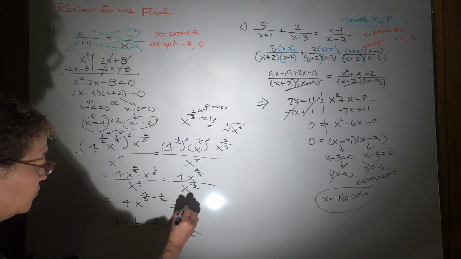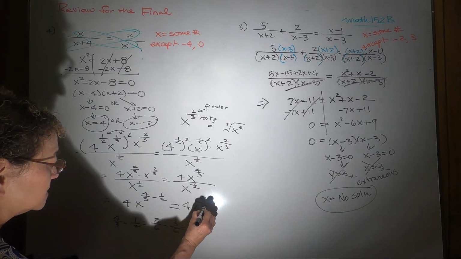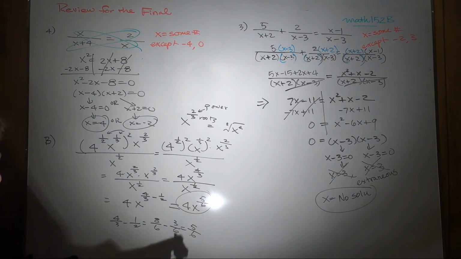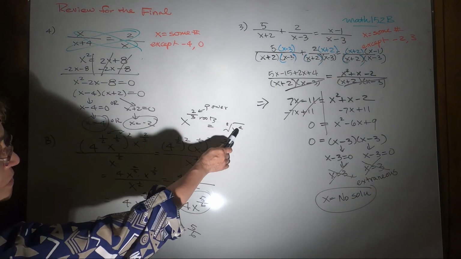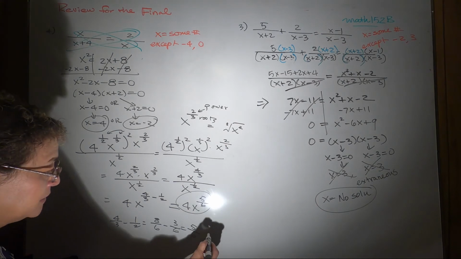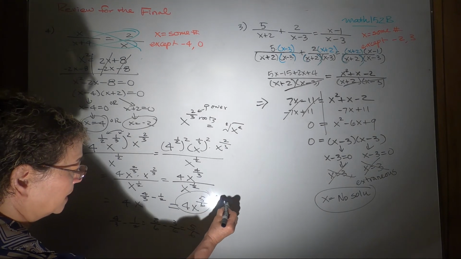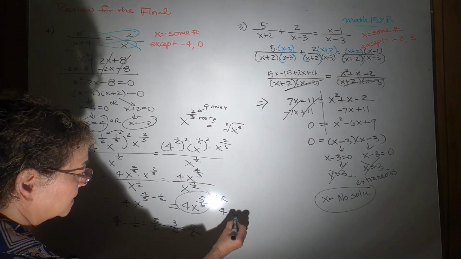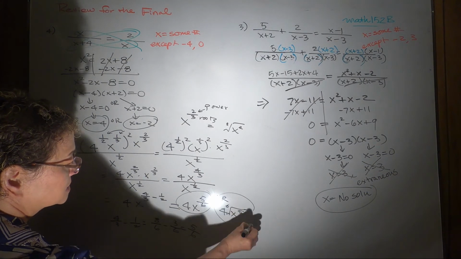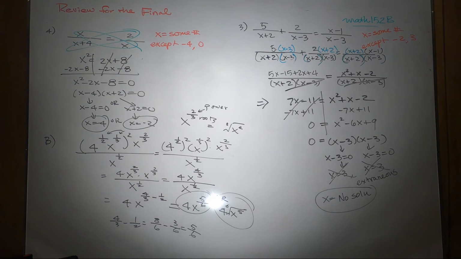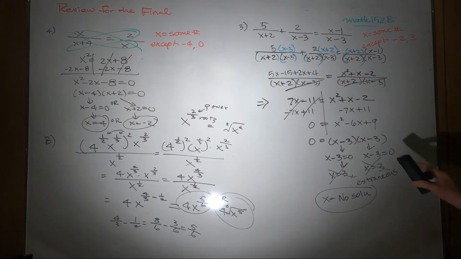So that would be 4x to the 5/6. So you can just leave the answer in the power form. If you change to crazy number form, radical form, you will write what? 4, that's x to the 5th power, take the 6th root, right?